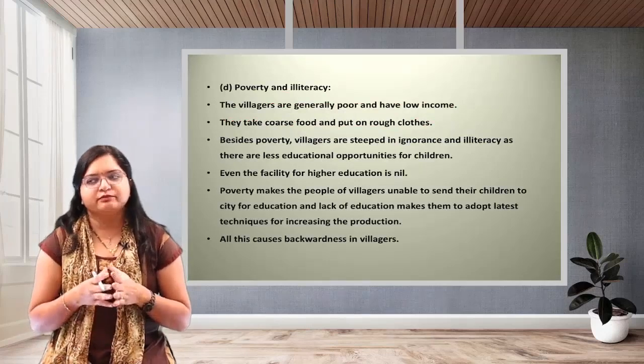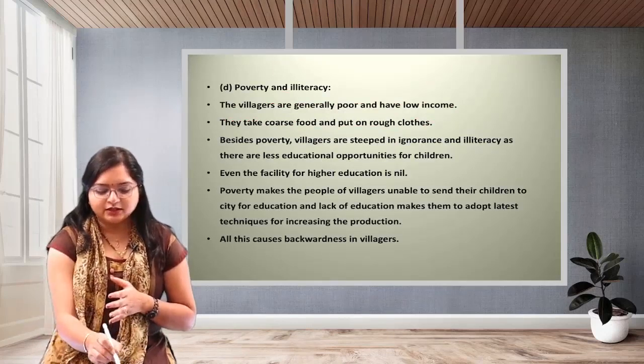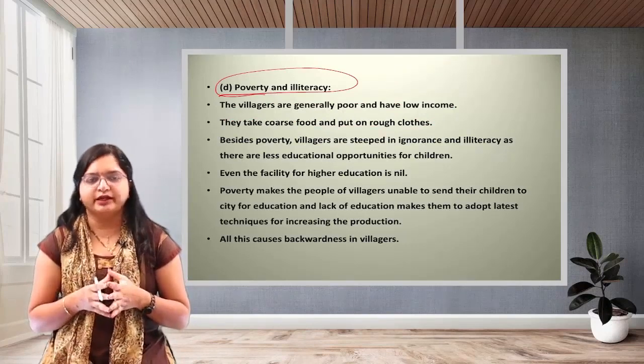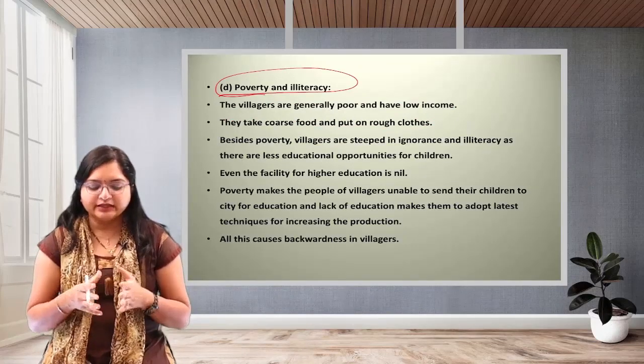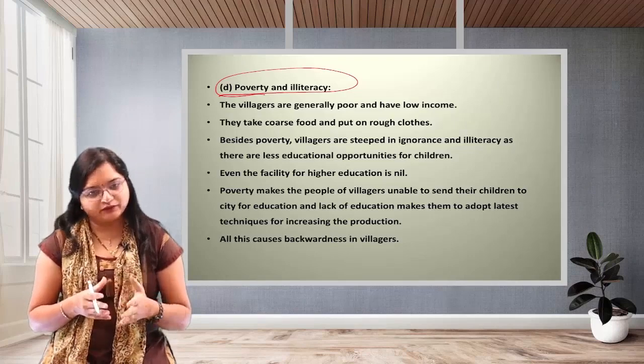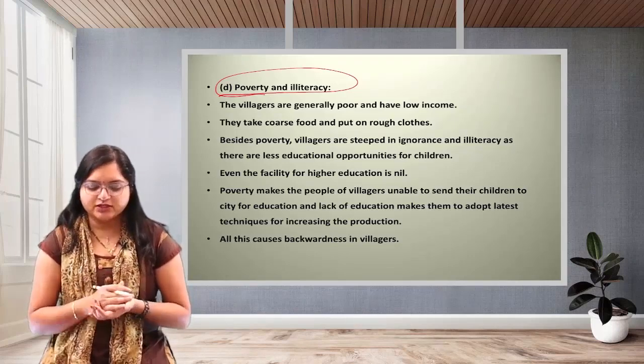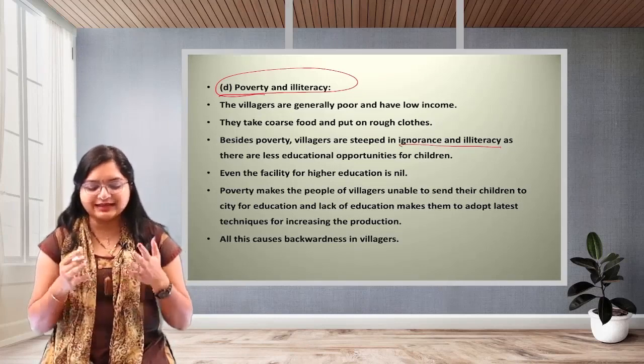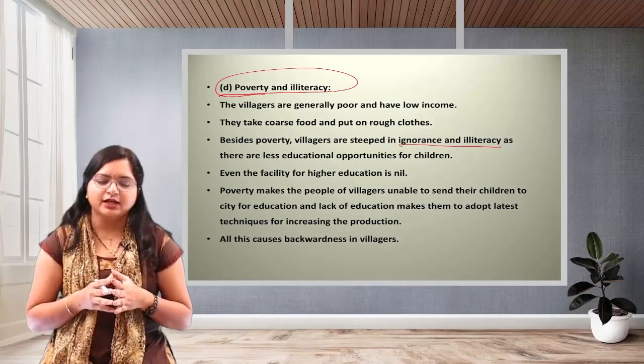Then the next one is poverty and illiteracy. The villagers are generally poor and have low income as compared to the city population. They take coarse food and wear rough clothes. Besides poverty, villagers are steeped in ignorance and illiteracy, as there are fewer educational opportunities for children.